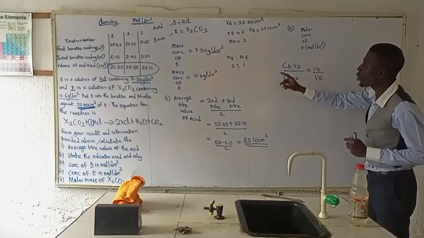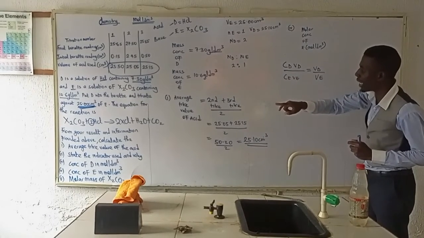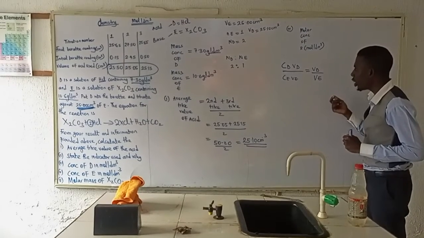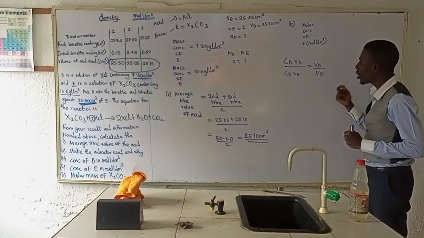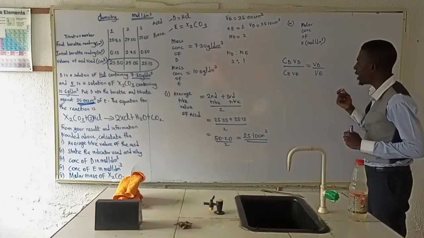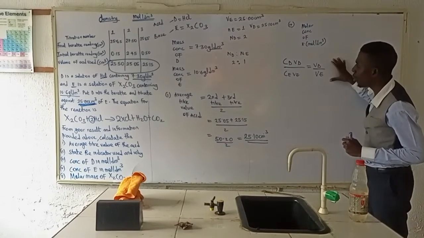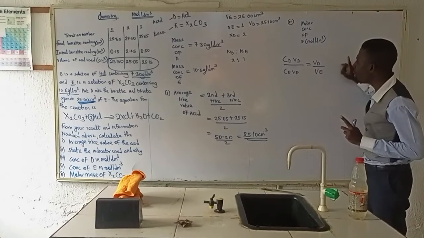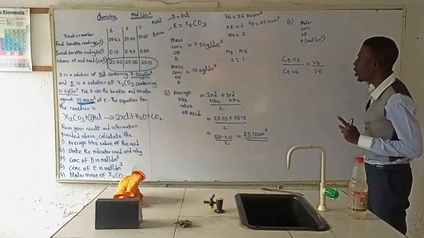I was unable to make use of this formula when solving question number 3 because we didn't know either concentration; the two concentrations were not provided. But we can make use of this formula when one of the concentrations is known.